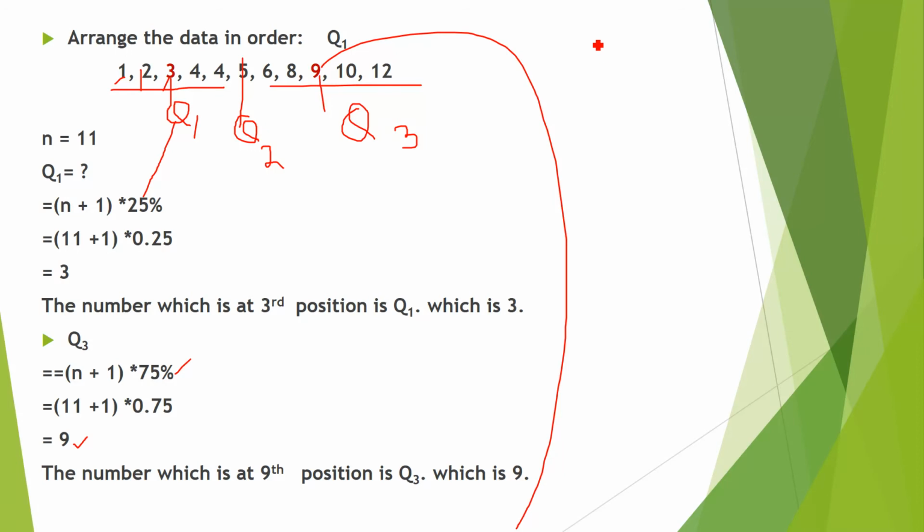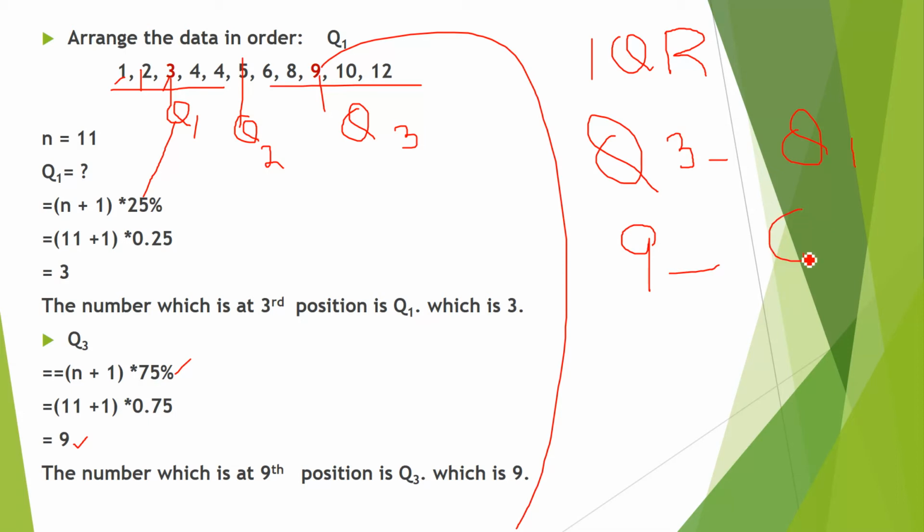How do you calculate the interquartile range, meaning the 50% of the center data? Q3 minus Q1. Q3 we have 9, Q1 we have 3, so 6 is the interquartile range.